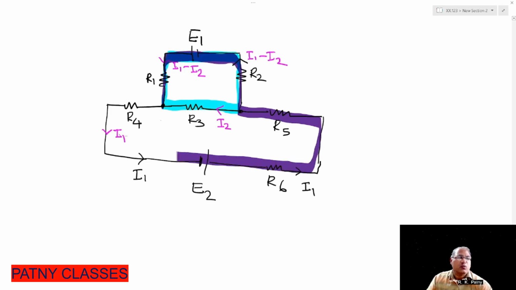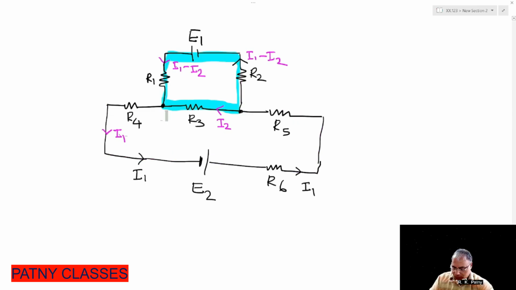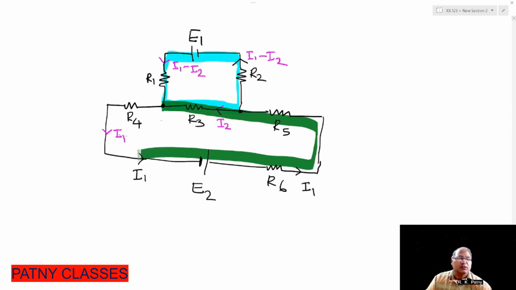When you are walking, you should be able to come back to the same position again. So this is another closed loop. Is there any possibility of one more closed loop? Yes, we can get one more. If you start from here, you move like this, like this, like this.